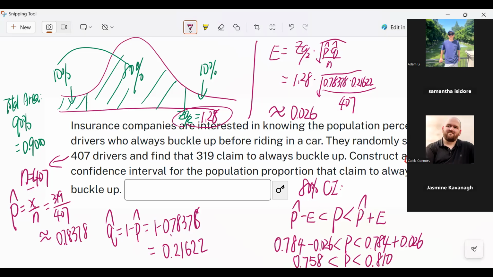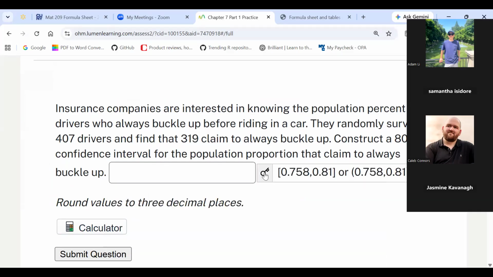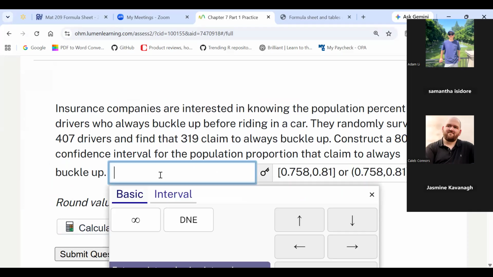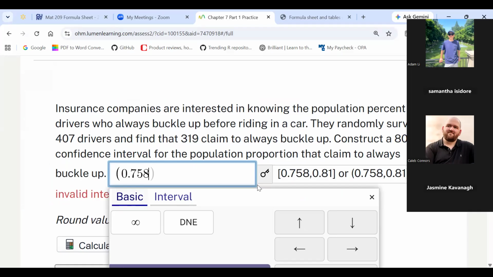So that's going to be the 80% confidence interval: 0.758, 0.810. So they want us to enter 0.758 and 0.81, in interval form.